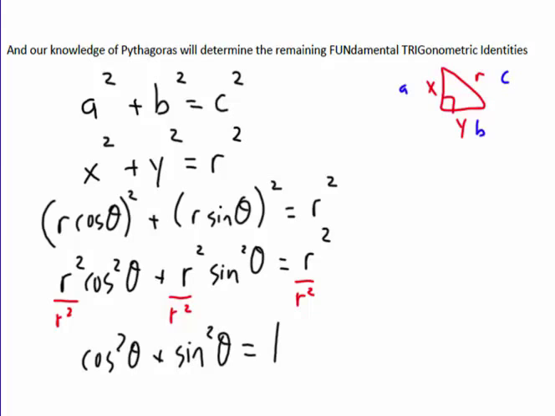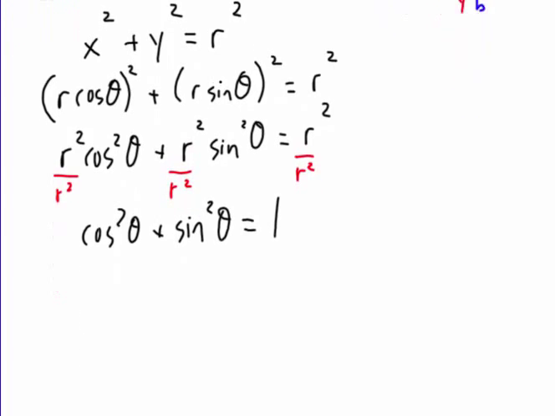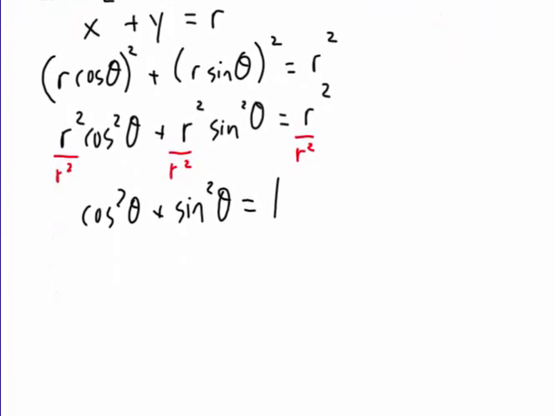Now we're going to use that identity to prove other identities. So if we take our cos squared theta plus sine squared theta is equal to 1, and divide everything by cos squared theta, remember for an equation, as long as we do the same to both sides, it doesn't change the equation. What this is going to do is give us another identity.